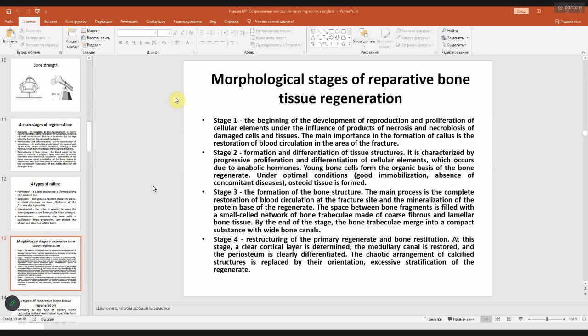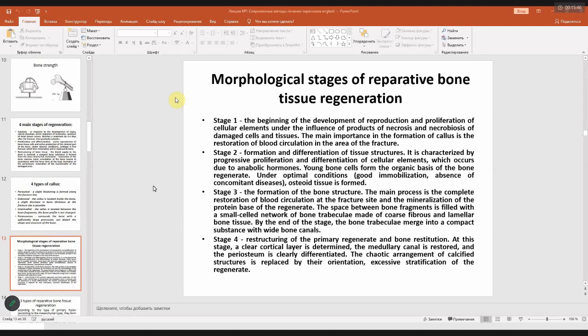Stage 2, formation and differentiation of tissue structures. It's characterized by progressive proliferation and differentiation of the cellular elements, which occurs due to the anabolic hormones.